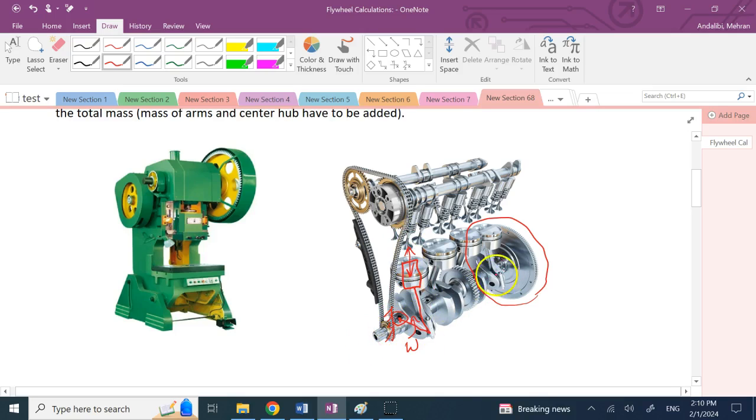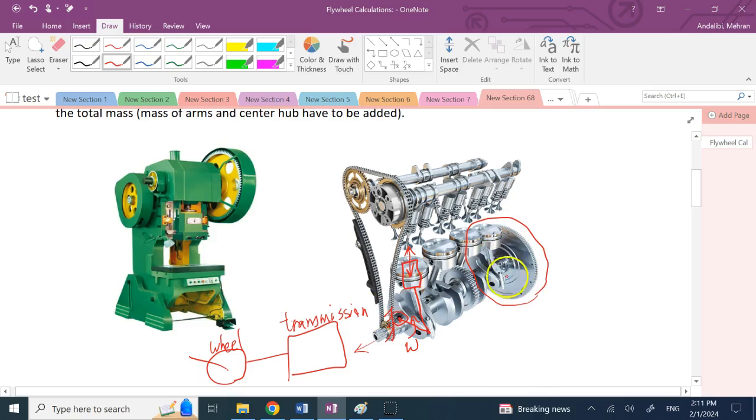And if this highly variable omega of the crankshaft directly goes to the transmission and then directly goes to the car tires, or the wheels of the car, then you are not going to be able to maintain the speed of the car at a constant value.